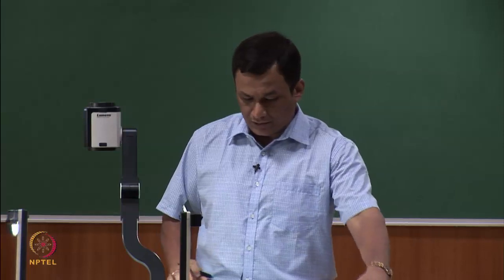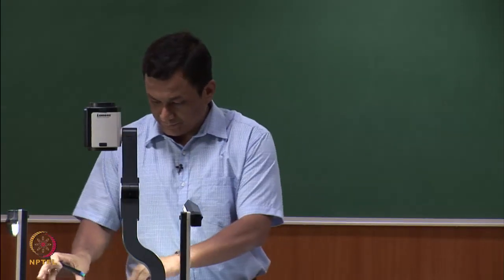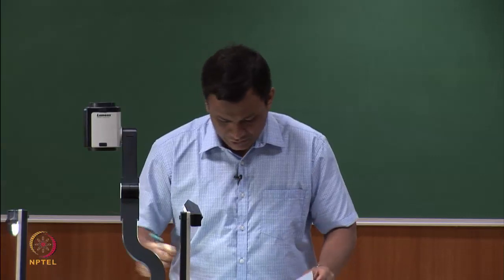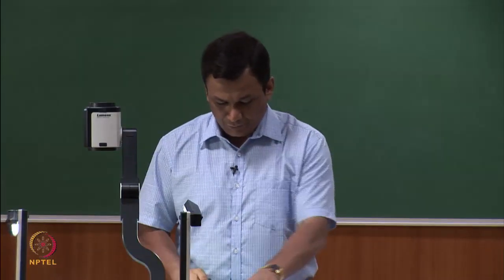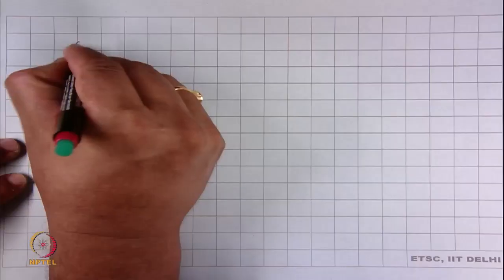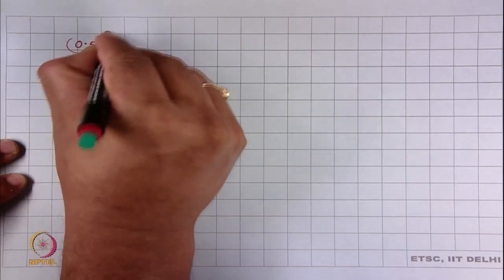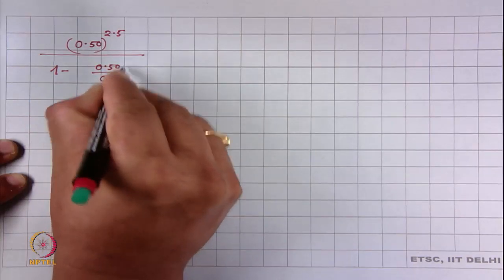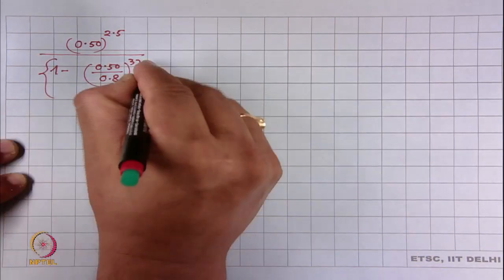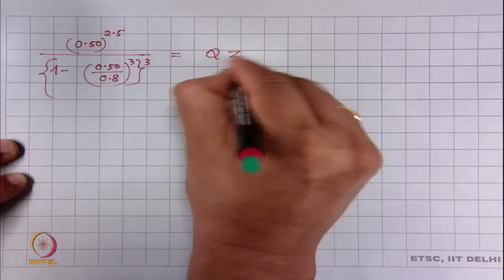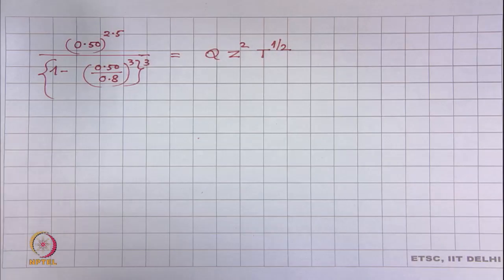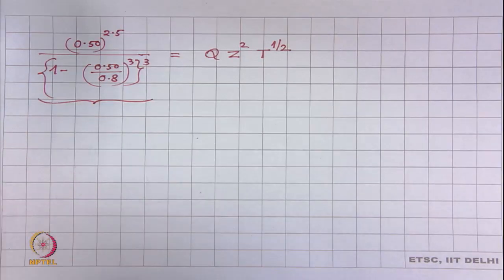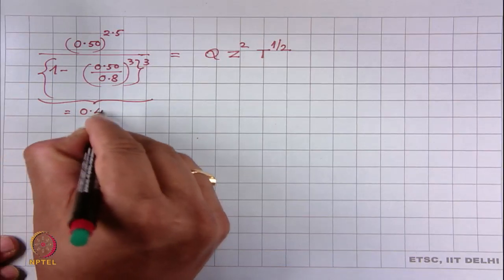Now, in the last class we solved one problem. So, now if we substitute 0.50 here, to the power 2.5, 1 minus mu by 0.8, to the power half, this value will be equal to 0.4094.